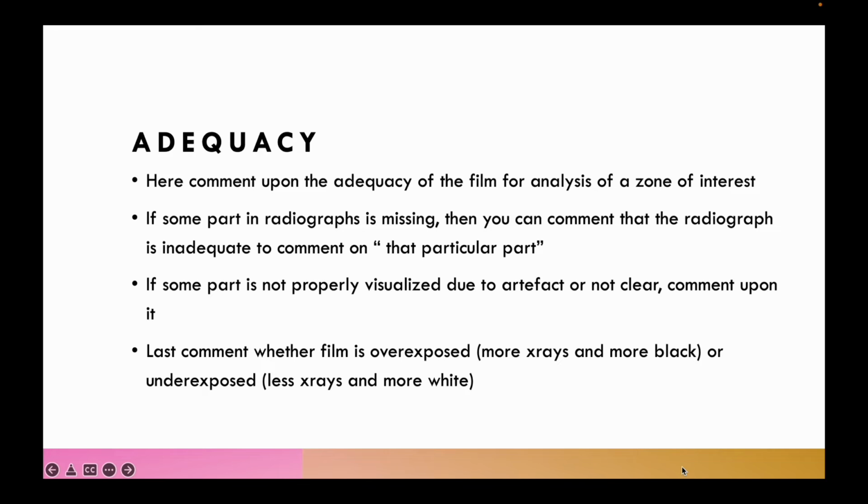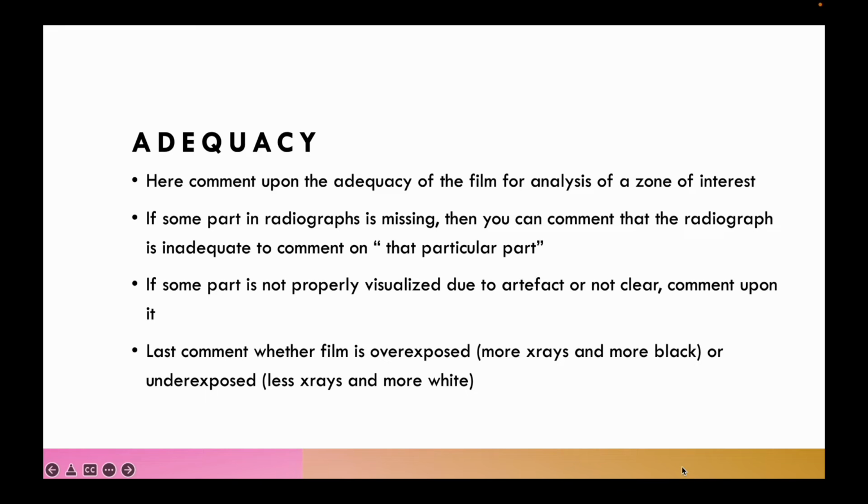Then coming to A part, that is adequacy. Here we have to comment upon the adequacy of the film for analysis of our zone of interest. If some part of the bone or the structure we are visualizing in the radiograph is missing, then comment that the radiograph is inadequate to comment upon that particular part.